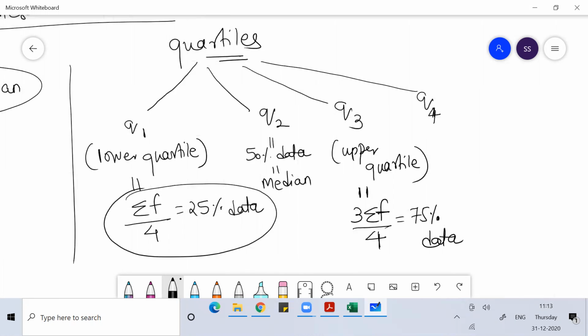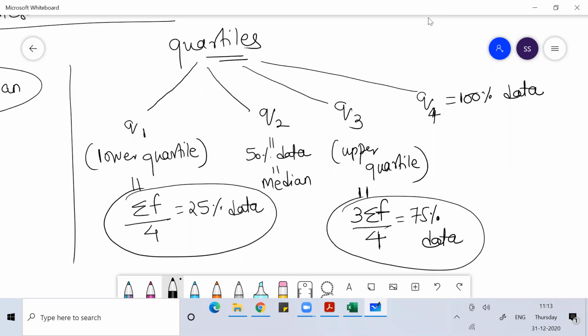So when we say Q4, it means 100% of data. No need to study Q4, because Q4 basically means where your 100% of data lies, so there's no point, because you know where the end of the data is. So what we need to study in quartiles is basically two things: quartile 1 and quartile 3, where quartile 1 talks about where your 25% of the data lies, and quartile 3 talks about where your 75% of data lies.